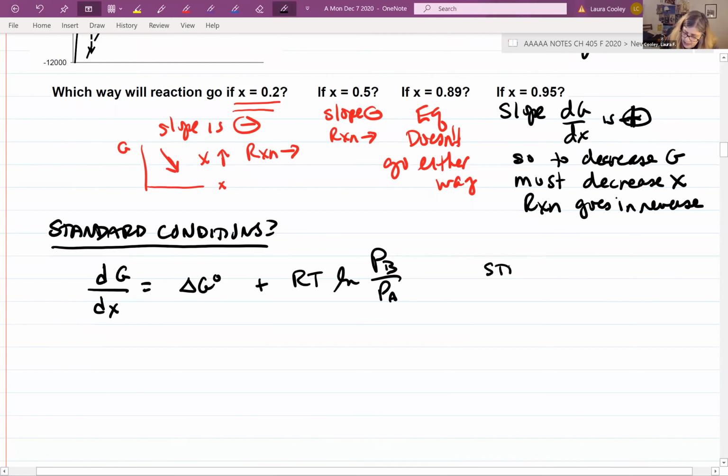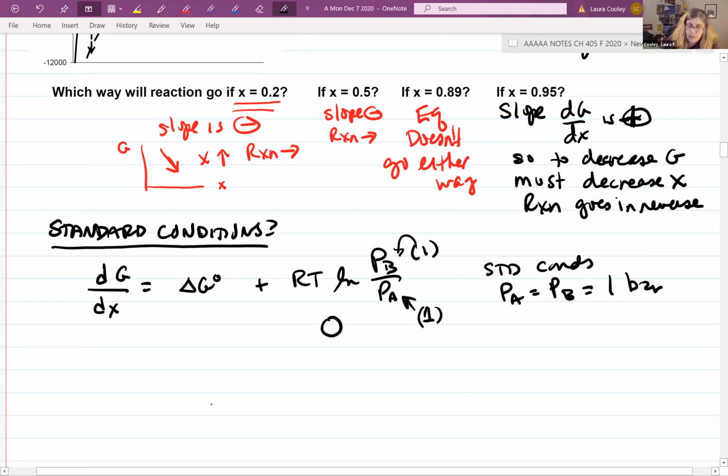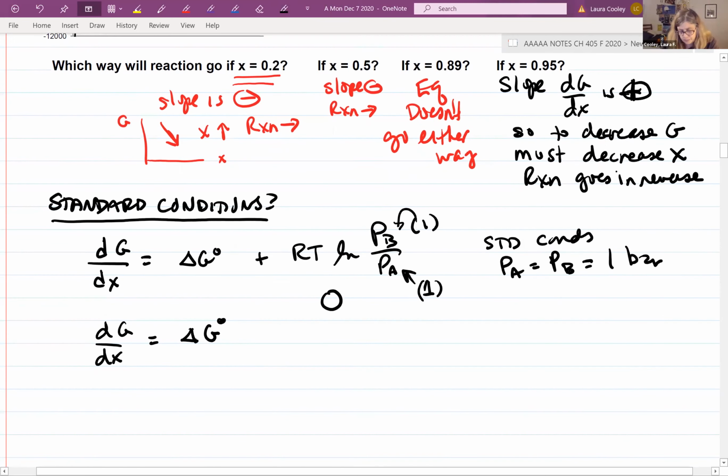And under standard conditions, all the pressures are equal to 1 bar. So that means I put in a 1 for here and a 1 for here. Okay, and so this ends up being 0. So under standard conditions, the slope of the Gibbs function depends only on the delta G0.